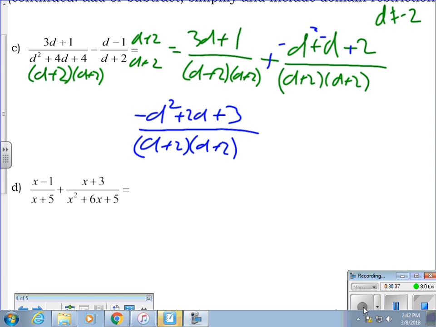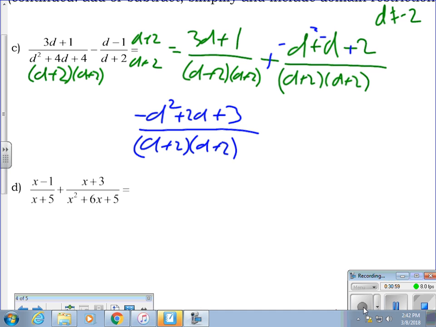And the question is, can I factor to cancel? Well, my only factors of 3 are 1 and 3. It might be factorable, but 1 and 3 are not going to cancel with 2. So even if I can factor it, there isn't going to be anything to cancel. I'm not going to bother trying.